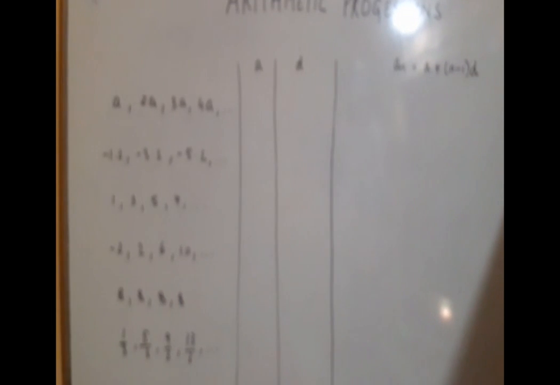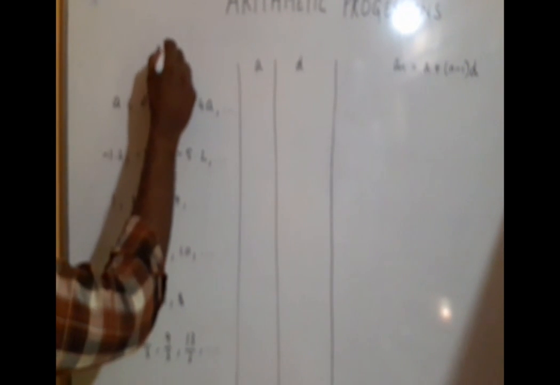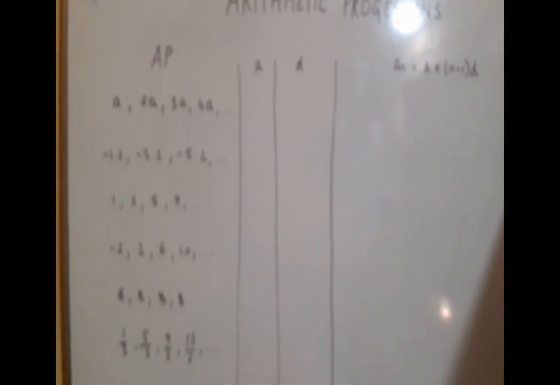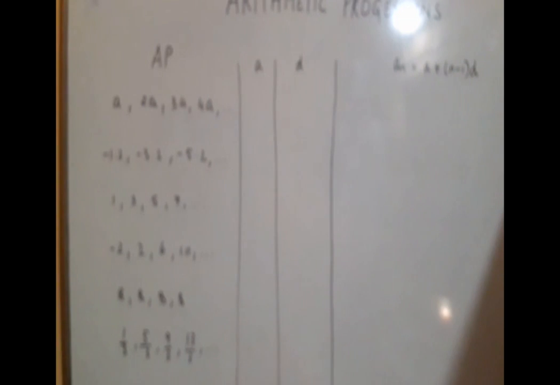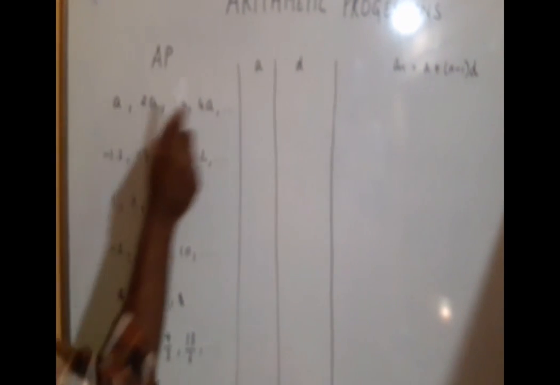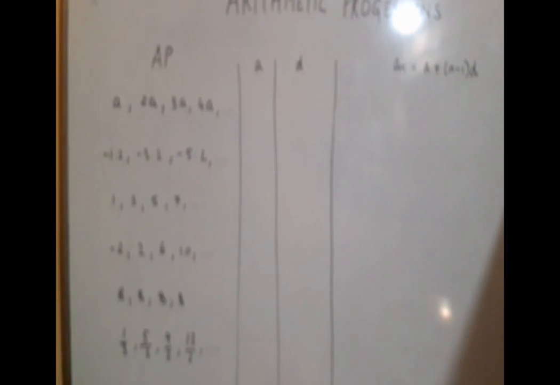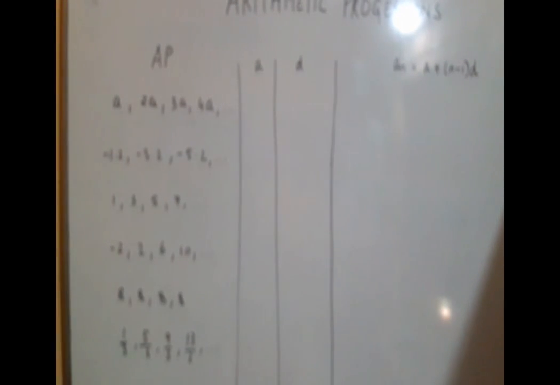Next exercise, we have some arithmetic sequences or arithmetic progressions written on the board. What we are going to do now is find out the first term of the sequence, the common difference of the sequence, and with the help of the first term and the common difference, find the formula for the nth term of the sequence.